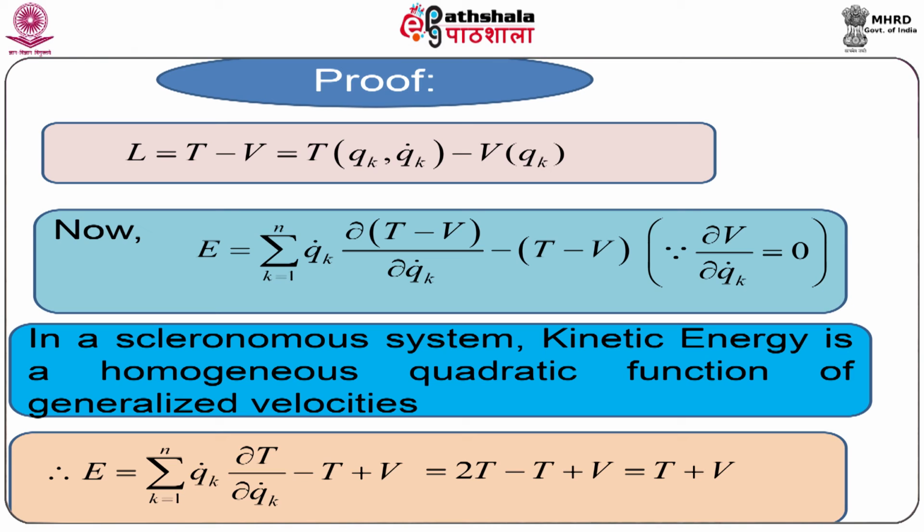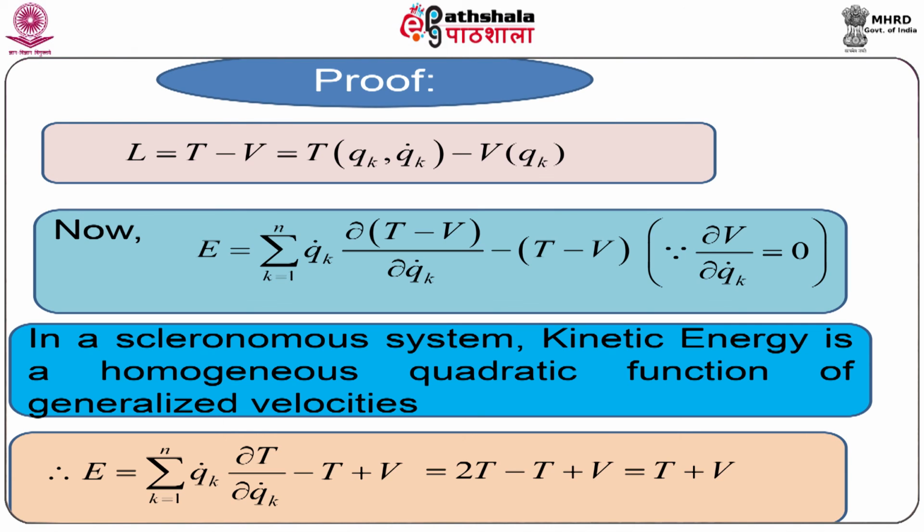In a scleronomous system, kinetic energy is a homogeneous quadratic function of generalized velocities. We have proved this result in the previous chapter. Using this, we can write the above equation as capital E equal to summation over k qk dot del del qk dot operated on capital T minus T plus V. Here we have used del V del qk dot equal to 0.